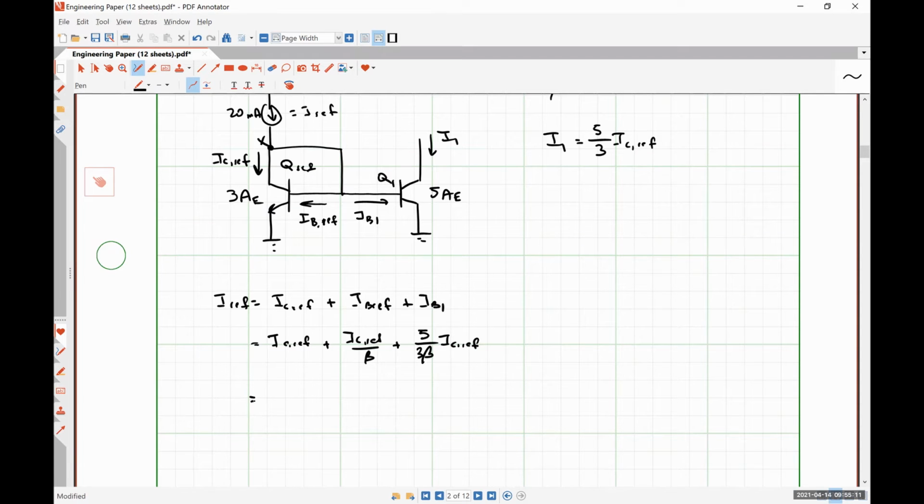IREF is ICREF times 1 plus, let's see, 3 beta. I have to multiply this first one by 3 over 3 to get a common denominator. So that would be 3 over 3 beta plus 5 over 3 beta, which is 8 over 3 beta.